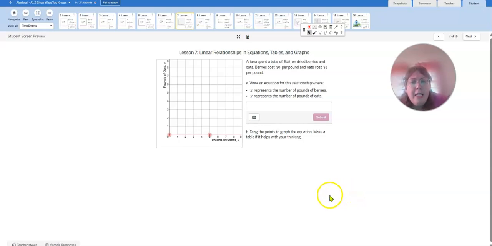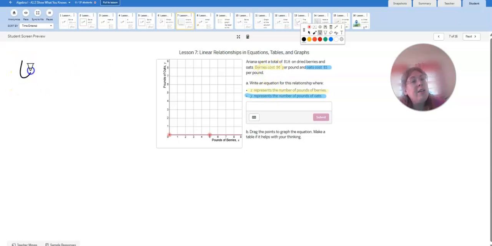Ariana spent a total of $18 on dried berries and oats. Berries are $6 per pound and dried oats are $3 per pound. Write an equation for this relationship where x is the number of berries and y is the number of oats.